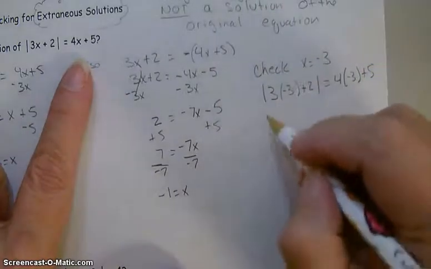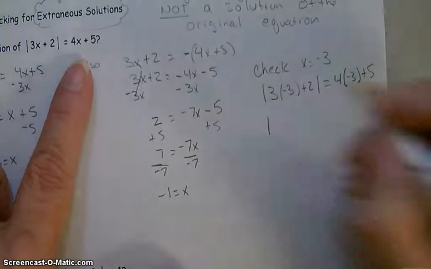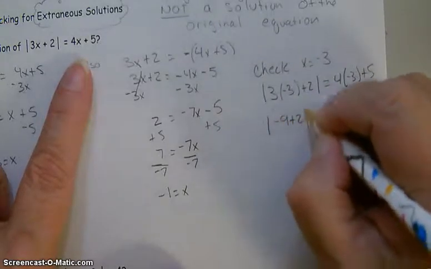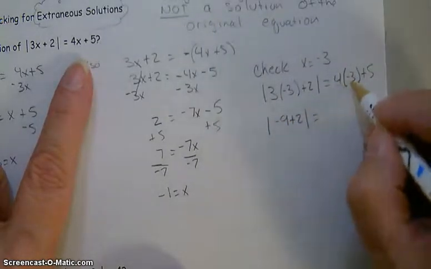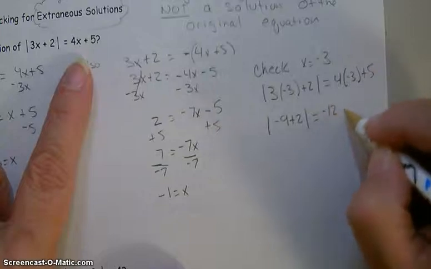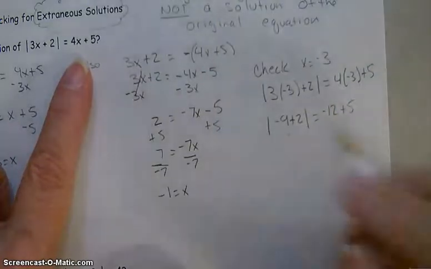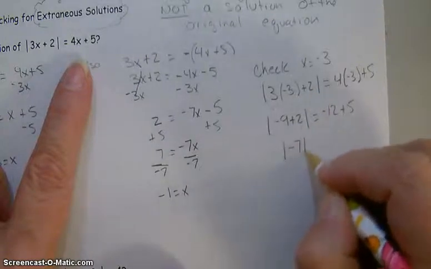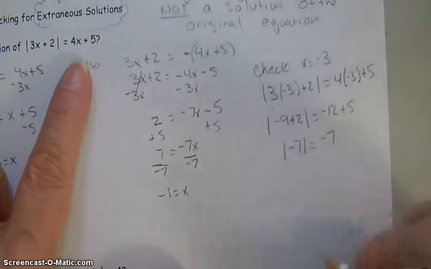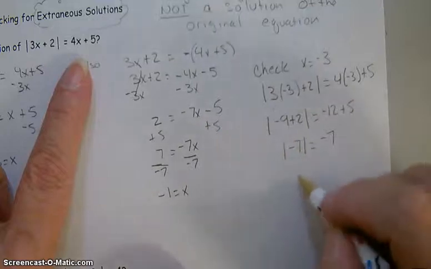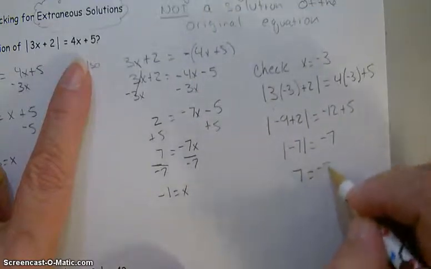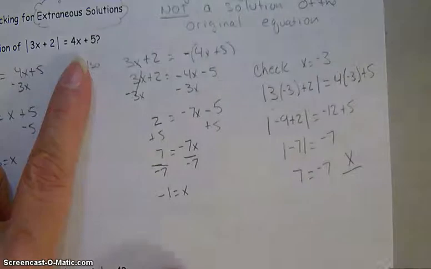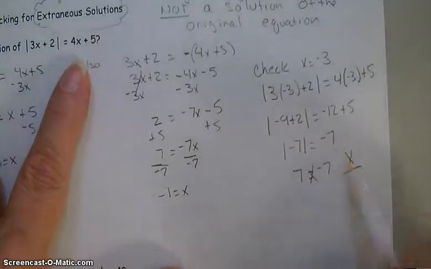So 3 times negative 3 is negative 9, so negative 9 plus 2 is equal to 4 times negative 3, which is negative 12, plus 5. So negative 9 plus 2 gives me the absolute value of negative 7, and the right side gives me negative 7. The absolute value of negative 7 is 7, and that is not equal to negative 7. So in this case, negative 3 is going to be an extraneous solution.